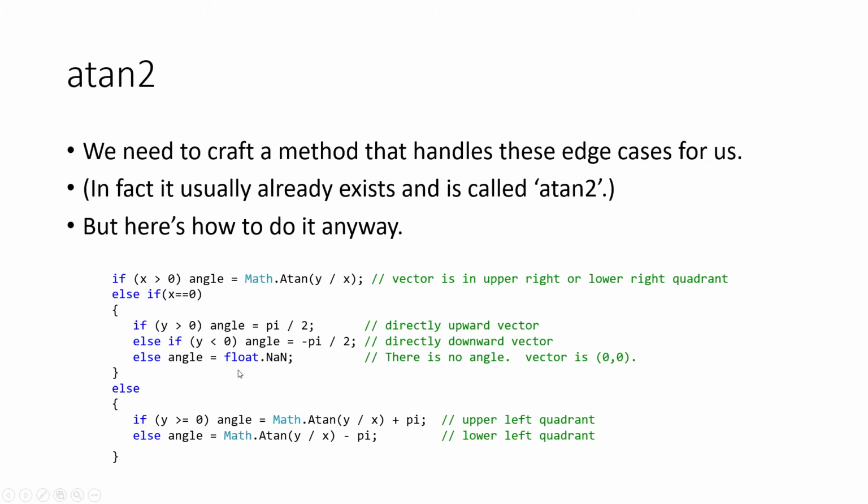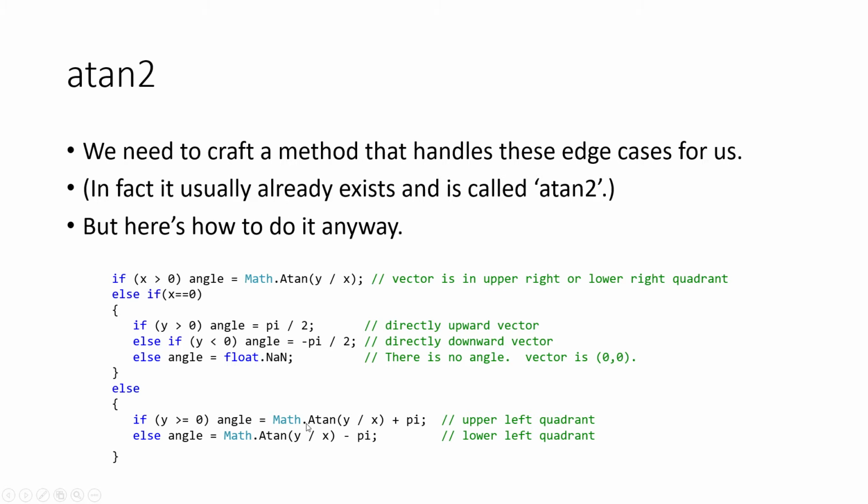There's no answer. Now this else here deals with if x is not greater than or equal to 0. So this else is when it's less than 0 and it's pointing to the left. So if your angle is pointing to the left and the y value is greater than 0, it's pointing upwards. So this is to the left and upwards, the upper left quadrant.